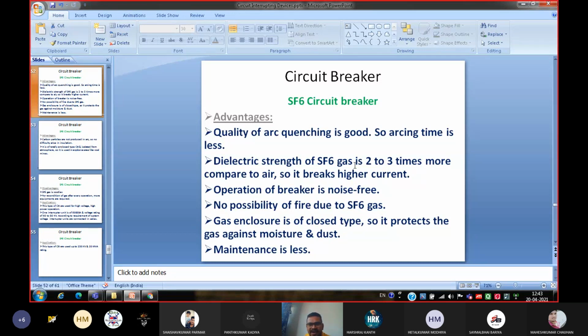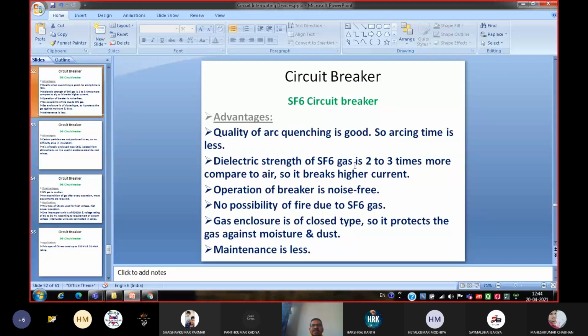Here the dielectric strength of SF6 gas is 2 to 3 times more compared to air. If we compare the dielectric strength of SF6 gas with air, SF6 gas has 2 to 3 times more dielectric strength.